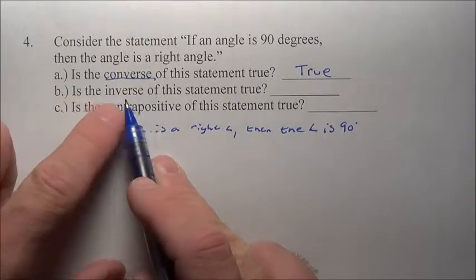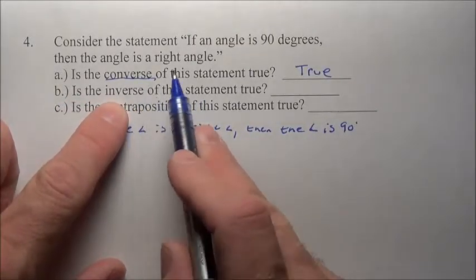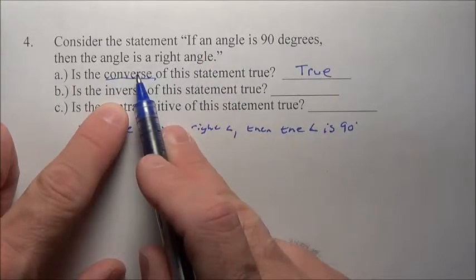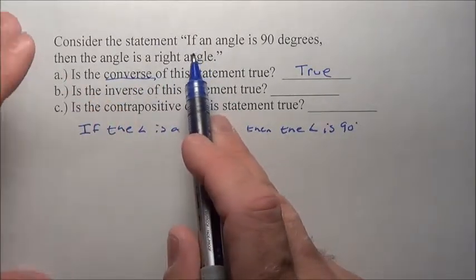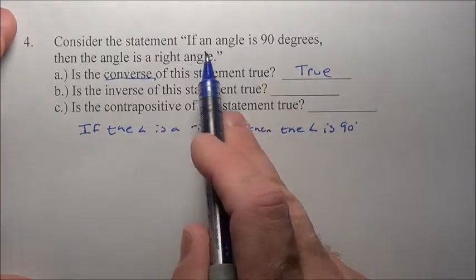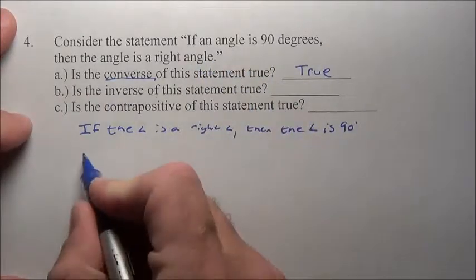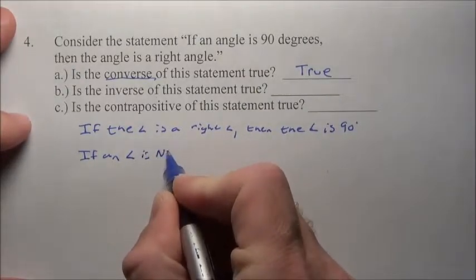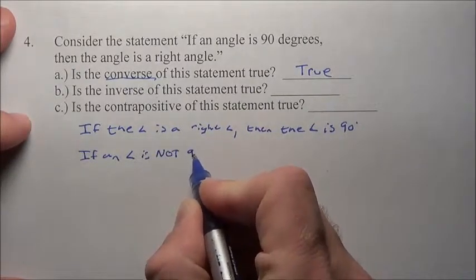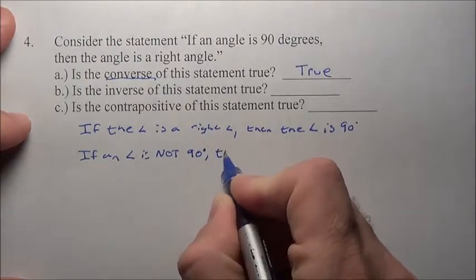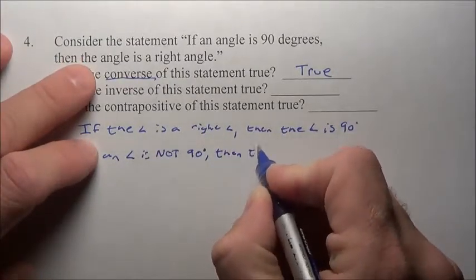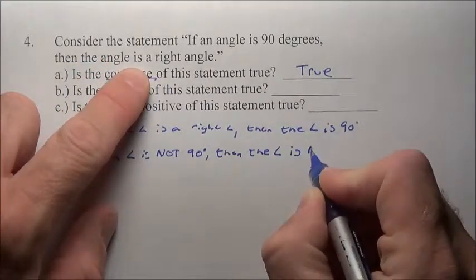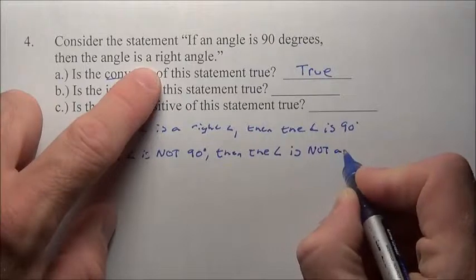Part B says, is the inverse of this statement true? Now the inverse, what do we do with the inverse? Inverse, you leave them as they are, the if and the then stay, but you negate them. So instead of saying if an angle is 90 degrees, you're going to say if an angle is not 90 degrees, then the angle is not a right angle.